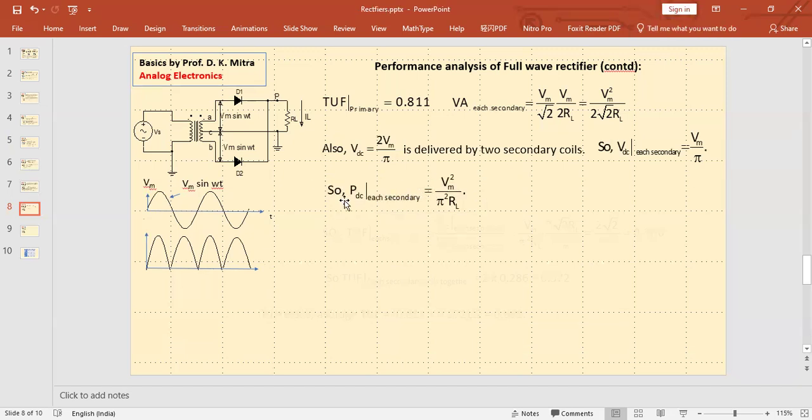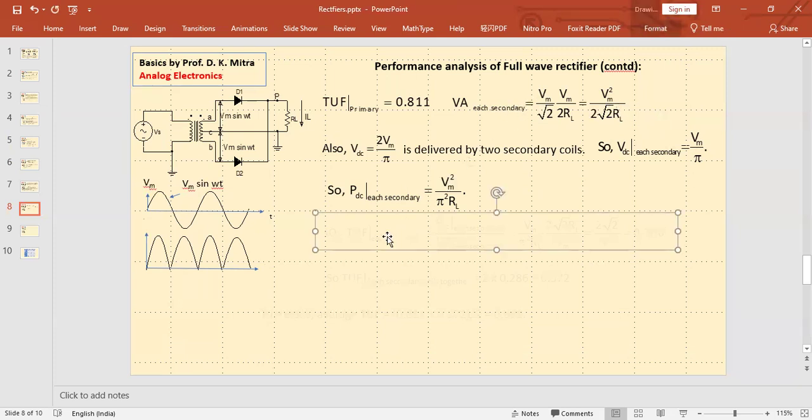Then we can find out power DC of each secondary, V square by R, is Vm square by pi square divided by R. So we got the power delivered by each secondary, and here we got VA rating of each secondary.